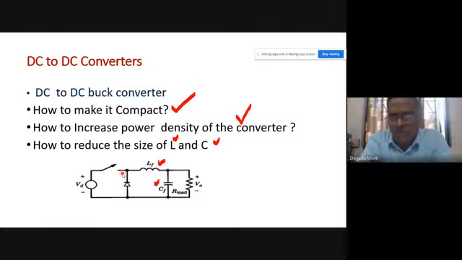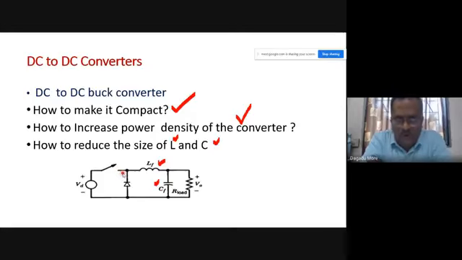So we can control the output voltage by controlling the duty ratio, and we can maximize the switching frequency so that our values of L and C become smaller. Now, what will be the problem if you go for high switching frequency? Is there any problem?